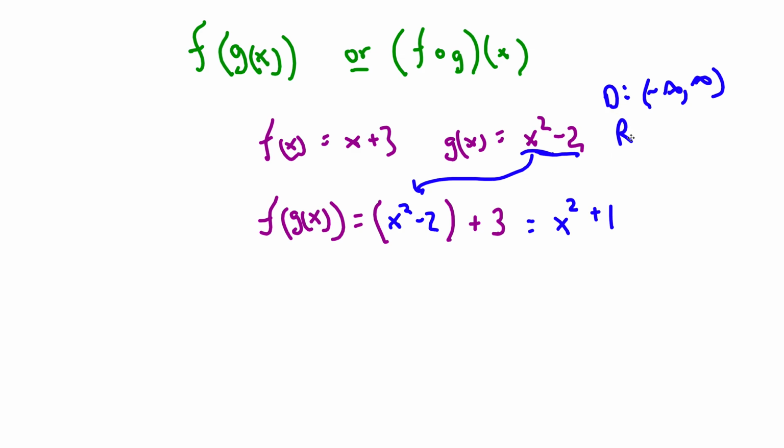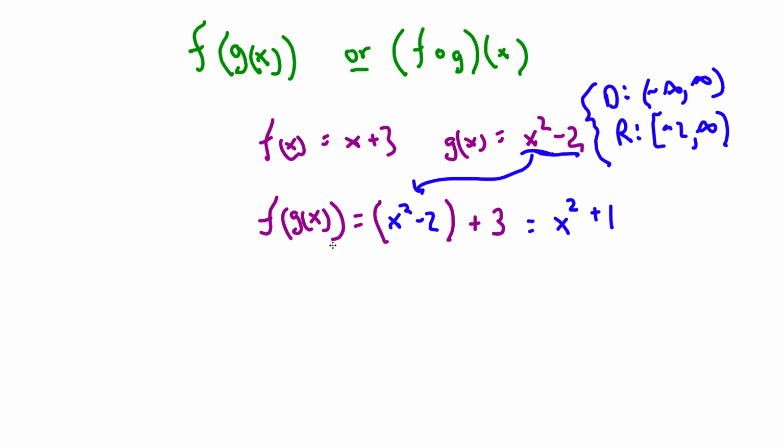And we know that the range is -2 to infinity, right? That's for g of x. Then is the range, that is the outputs of g, in the domain of f of x? And -2 to infinity is, and so we're good. There's no restriction in that respect.